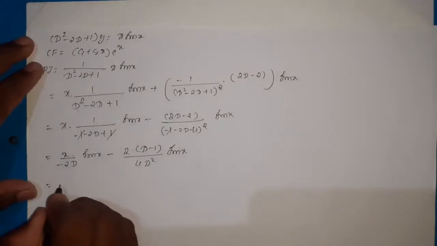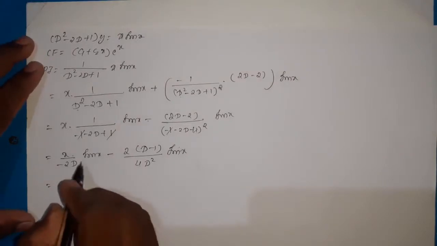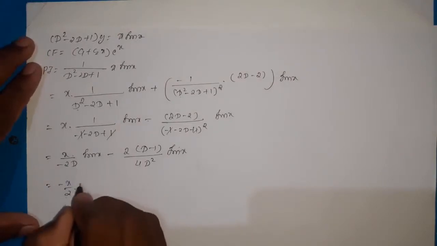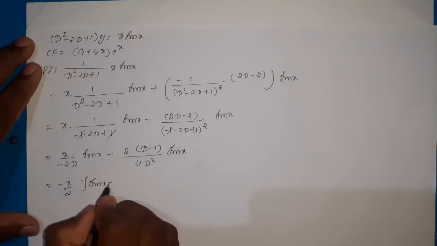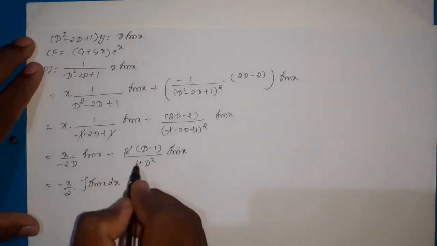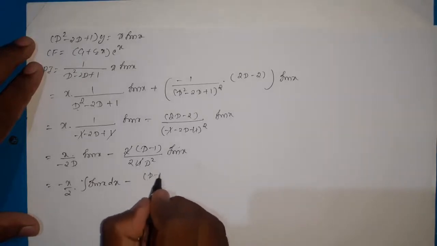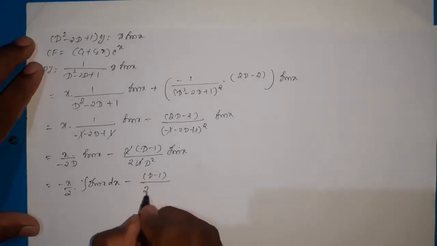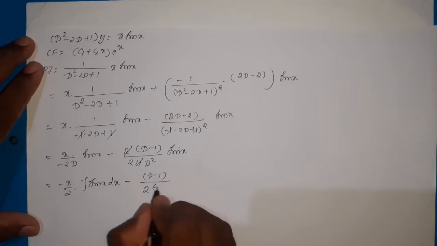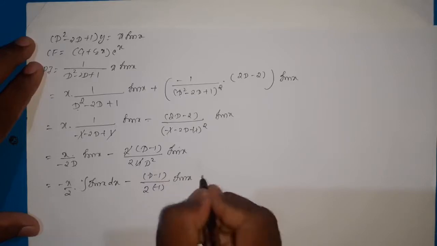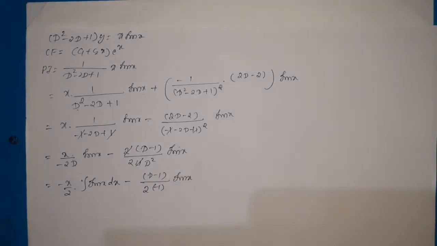Then this is equal to what? Minus x by 2. So 1 by D means integration of sin x dx. Here 2 ones are 2, 2s are, right? Minus of D minus 1 divided by 2 into D square is what? Minus 1 sin x, right? If it is D square, then only we can substitute for D square, otherwise we cannot substitute.